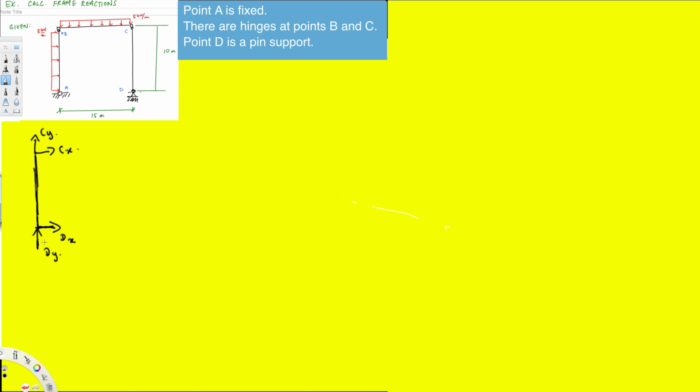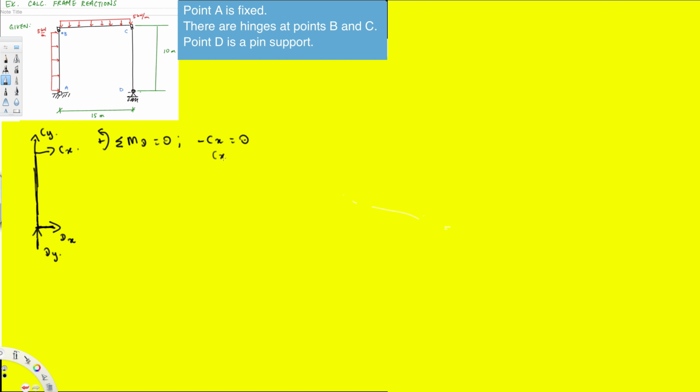So if I take moment around D, let's see what happens. If I take moment around D and take counterclockwise positive, equal to 0 in statics, and if you see, Cx is the only one going to create moment, and that's acting clockwise, so it's going to be negative. Cx is equal to 0.